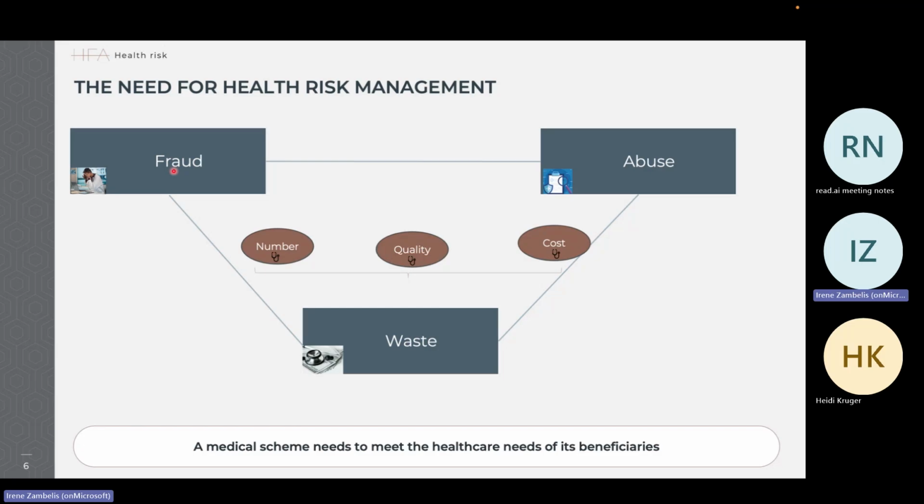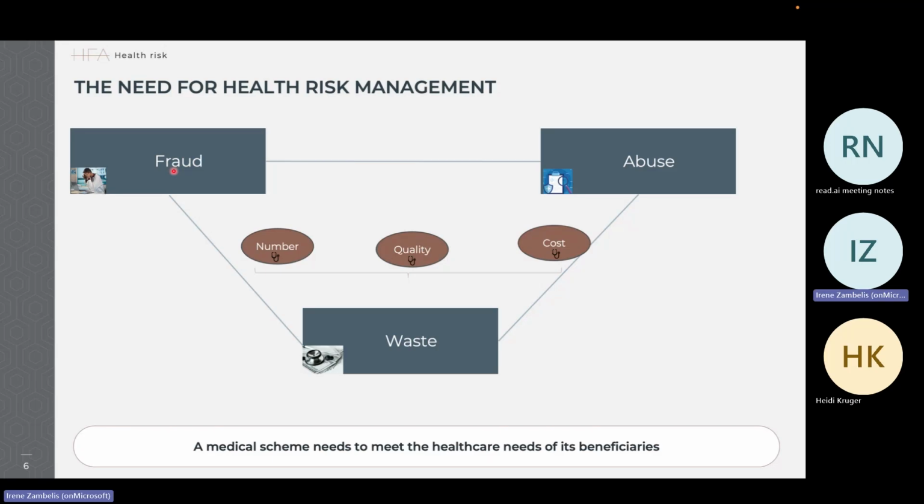There are many examples of fraud that we can bring, but that is done with intent, and it's actually a criminal matter. Abuse is a little bit different and more difficult to prove, in that abuse says that the provider is billing for things that do not follow best medical practice guidelines.